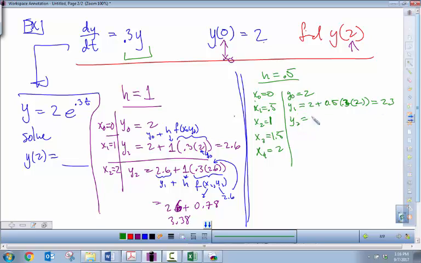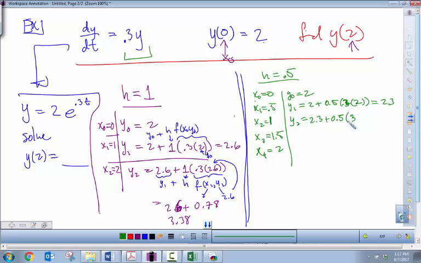y2 is going to be, now we're going to use 2.3 for our new y value and 1 for our new x value. So we're going to say 2.3 plus h times f of x, y.